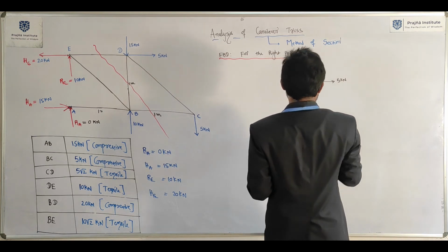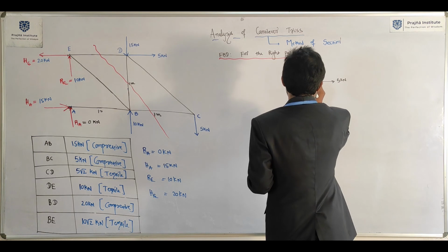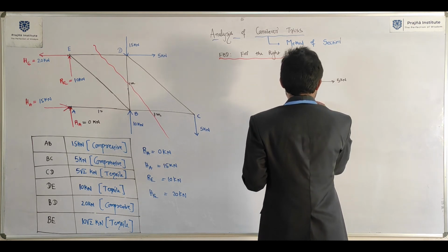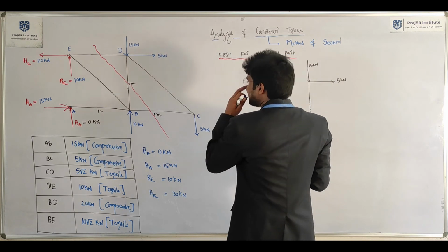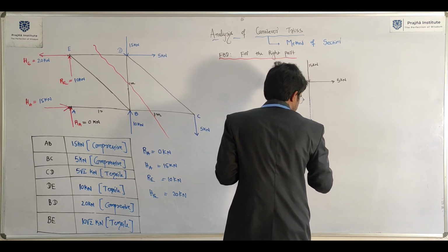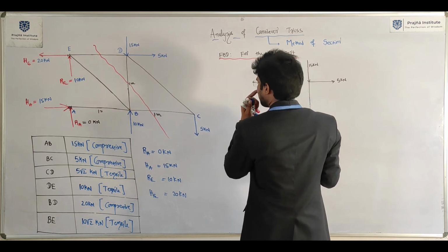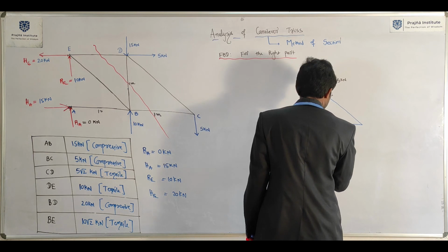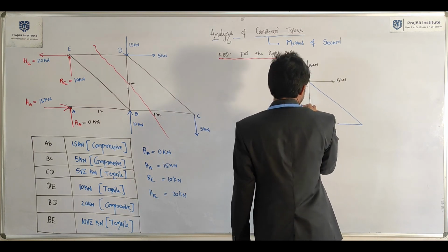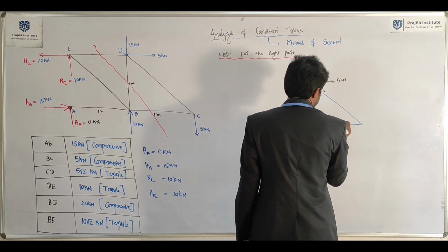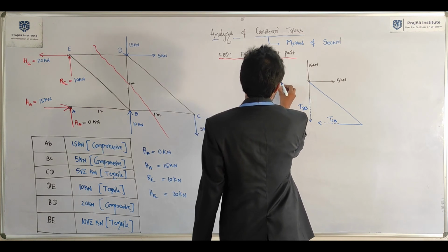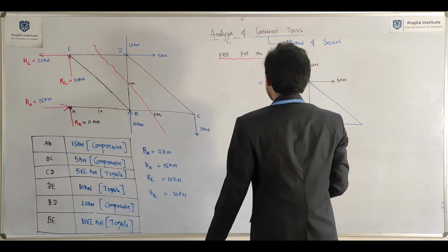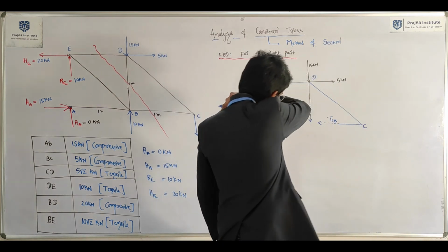Then TDB, and here TCB, and TDE. Of course it is C, it will be D. Clear?